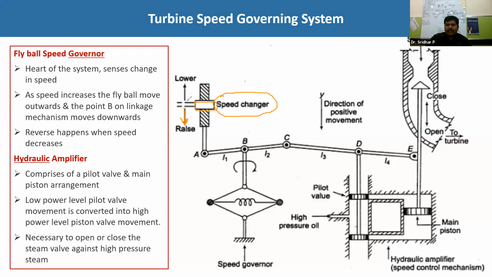If you want to lower the speed, you pull this knob in the upward direction. So the speed changer is a block that lets us raise or lower the speed of the alternator.